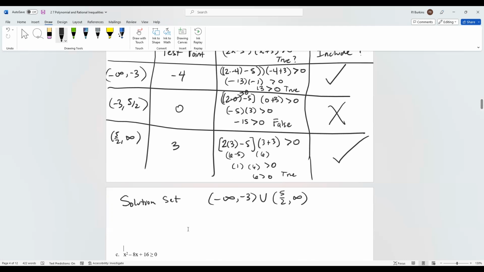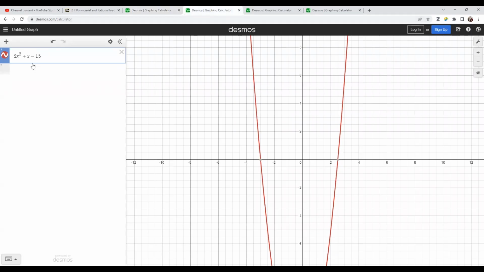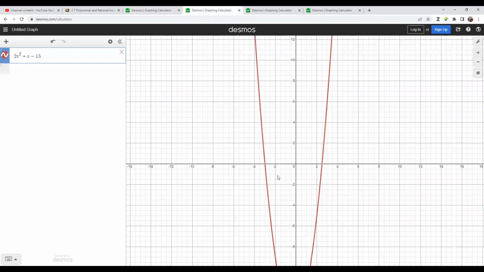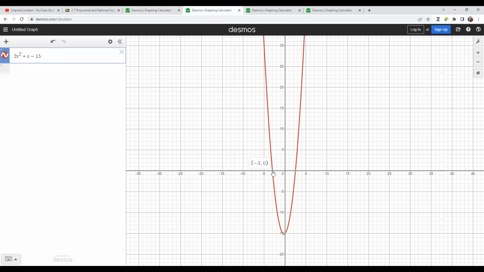Let's go ahead and take a look at the actual graph of the function. I've already taken the liberty of plotting it for us. So 2x squared plus x minus 15 looks like this. You'll notice the 2 points, negative 3 and 2.5, or 5 halves. And the question was, when is this thing greater than 0?